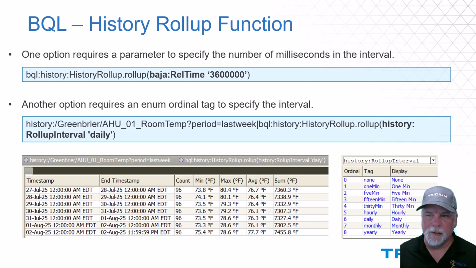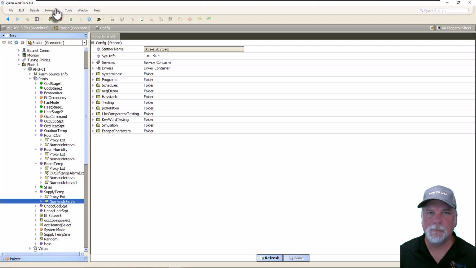Then the BQL query is still using the same history rollup function, but instead of a relative amount of time, we give it a certain rollup interval period using enum tags. The main reason for this is because of daylight savings, for example, where you might have 23, 24, or 25 hours in a day, or variable numbers of days in a month, right? 28, 29, 30, 31 days, or a variable number of days in a year. So using these periods will better handle those variable time periods. Let's take a look at what these examples look like.